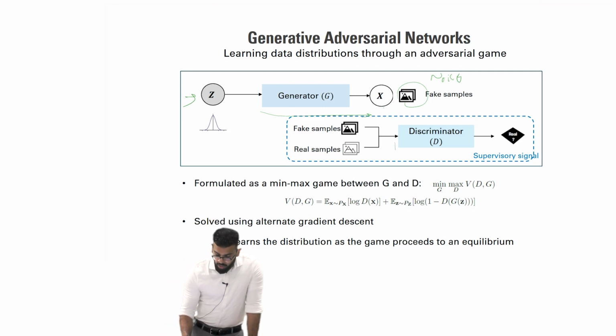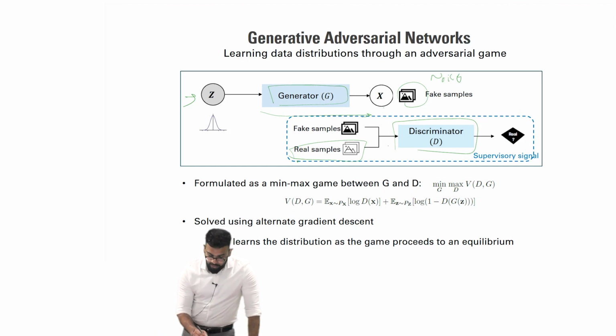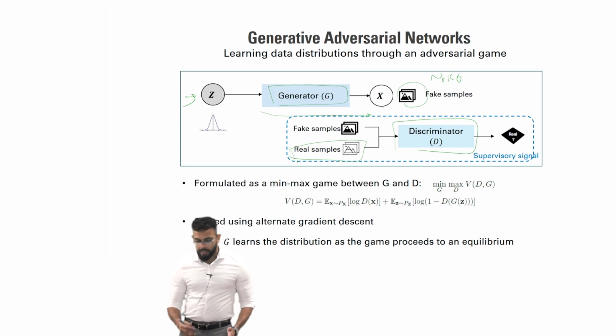Well, I have another model that has access to the real samples. I train it in more of a classifier sense, where I give it the real samples and the samples generated by my generator, and I ask it to classify whether that input is real or fake. So this whole problem can be formulated as what is called a min-max game.